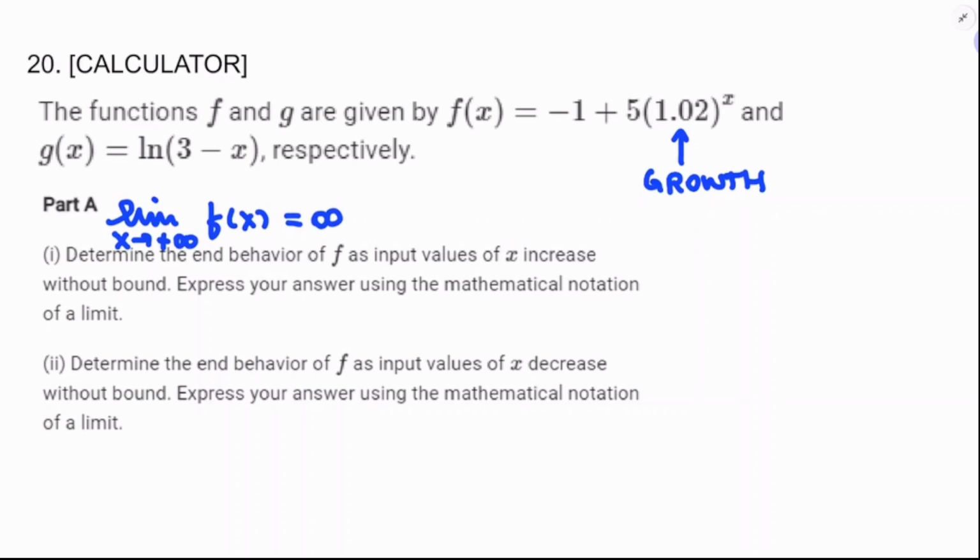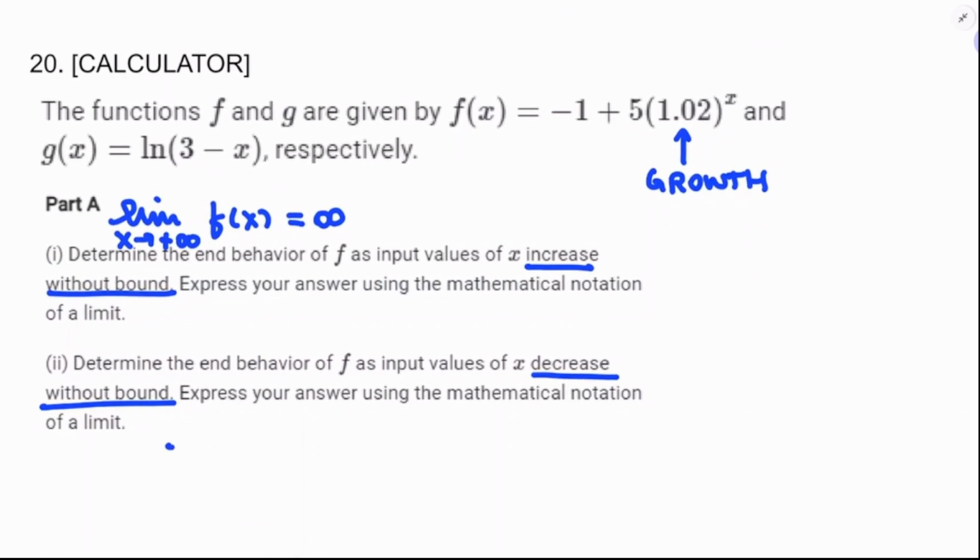So that's exponential growth. And as values of x increase without bound, that's the only one they asked me about. They didn't ask about as x decreases without bound, so I'm not going to tell them anything about it. Determine the end behavior of f as input values decrease without bound. Oh, okay, so I thought they were going to ask me about g's end behavior.